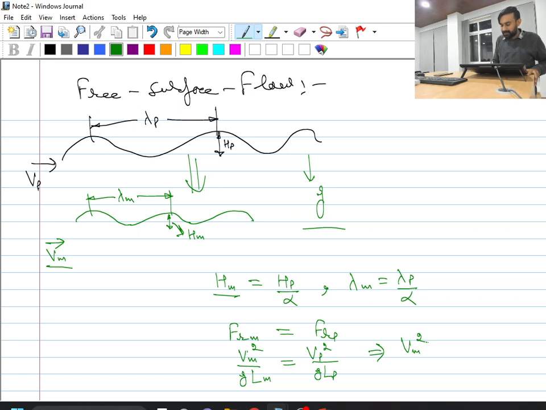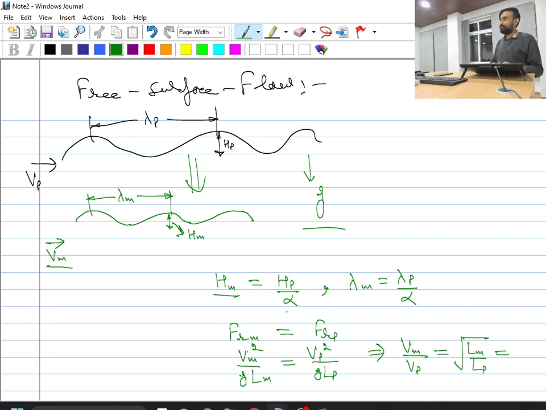From here I will get V model by V prototype equal to square root of Lm by Lp. What will be this? You can see Lm by Lp is nothing but 1 by alpha.